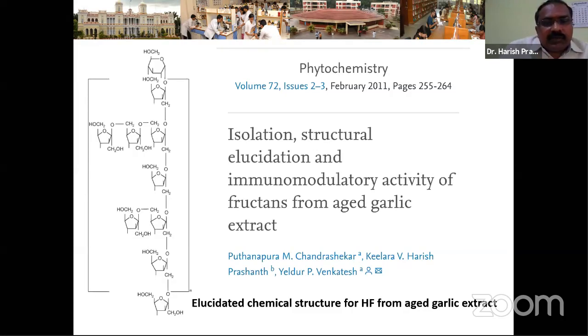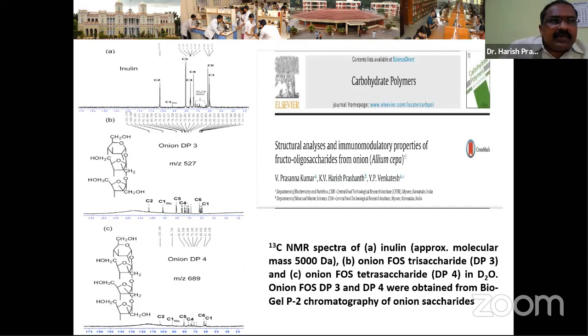And this paper has also been cited in so many other works. So this is considered as one of the important works too. So next, this is about a high fructan, but coincidentally, when we were purifying this, especially the fructo-oligosaccharide part of the same, we tested all the fructo-oligosaccharide together.